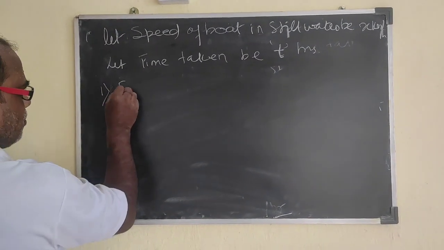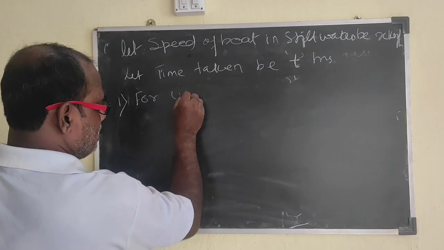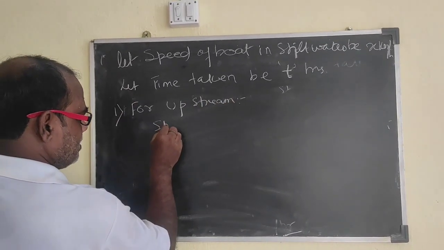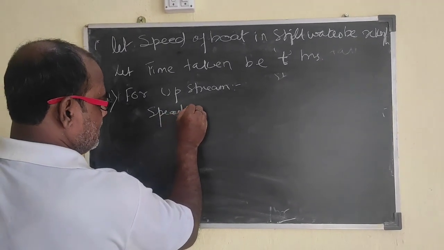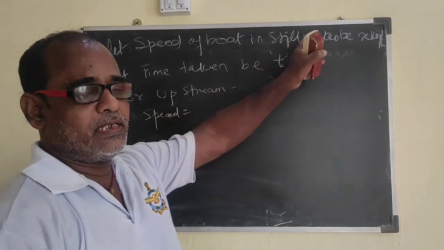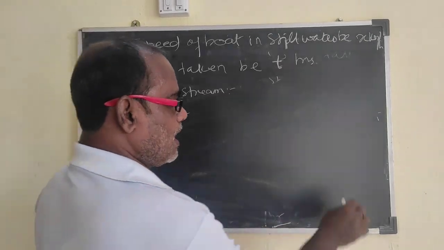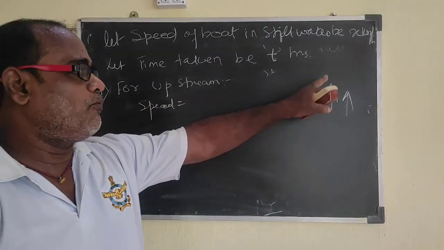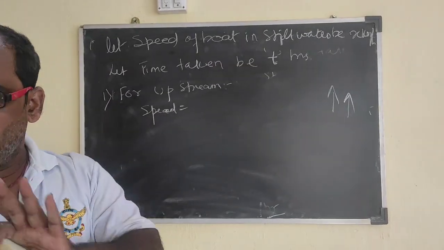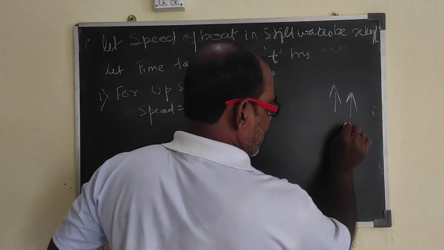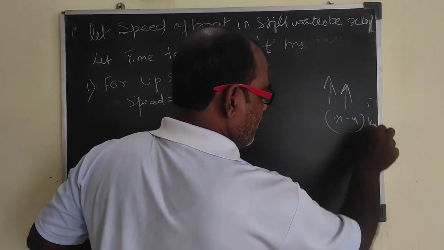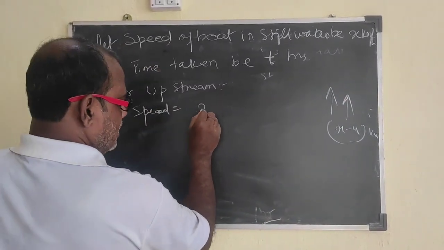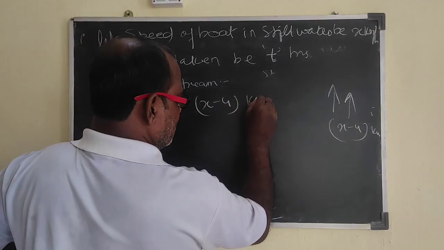Now number 1, for upstream, the speed of the boat in still water is x km per hour and it is going against the flow of water, and the speed of water in the river is 4 km per hour, therefore upstream speed will be x minus 4 km per hour because it is going against the flow of water.